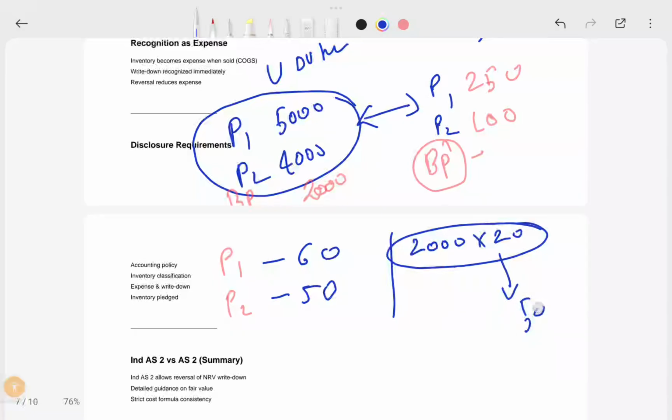We got a profit of 5,000. What we need to do with this profit, I will explain, but you need to go to the concepts while doing these kinds of problems, because if you miss the concept, your answer might go wrong in the exam. So first read your question carefully. This 5,000 profit, what to do with it I will tell you, because I already explained in the class.